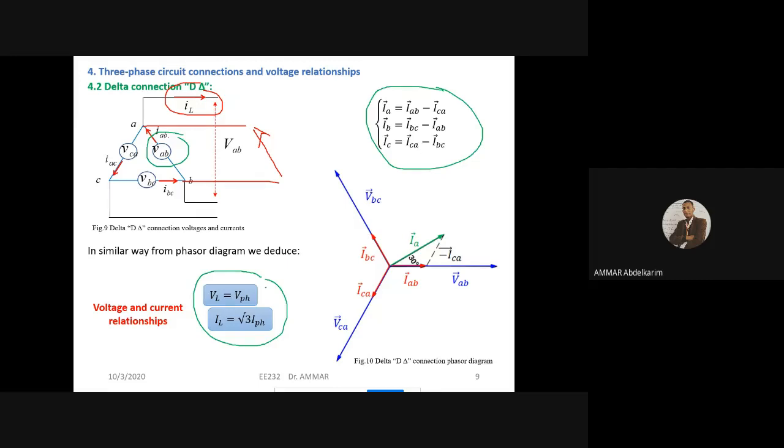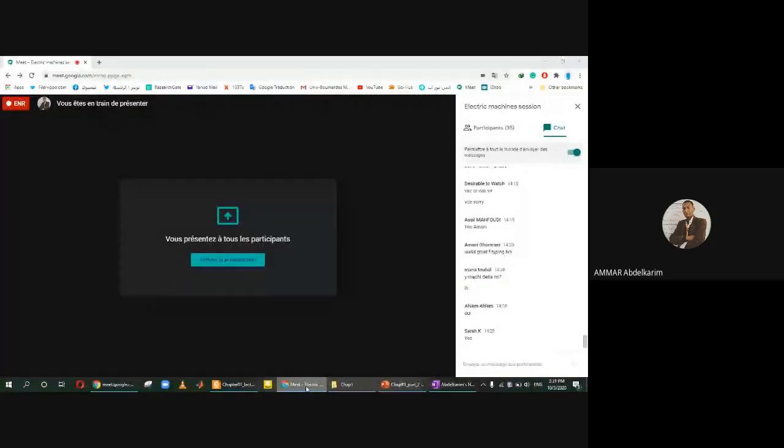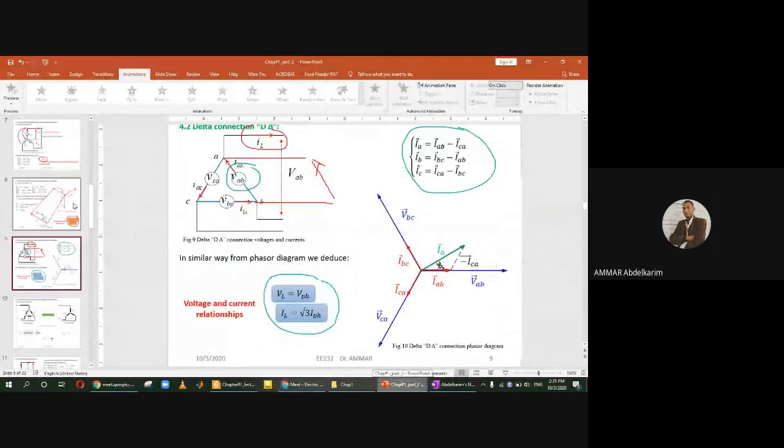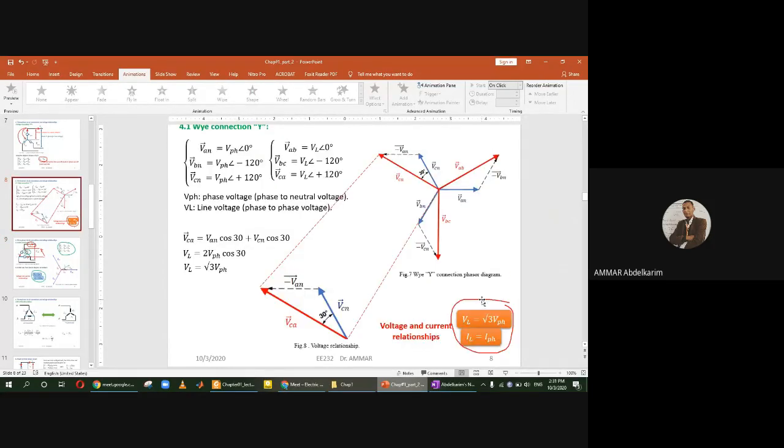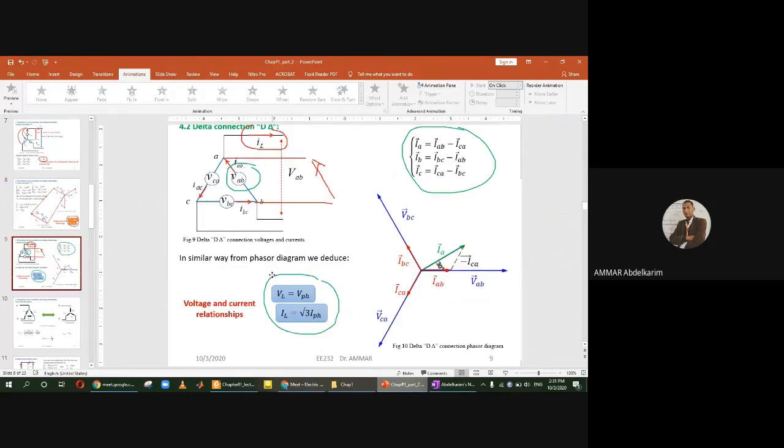VL equals V phase, and the line current is equal to root 3 of the phase current. You are not required to prove this relationship each time. We are going to take it directly. For Y connection, this is the relationship. For delta connection, this is the relationship.